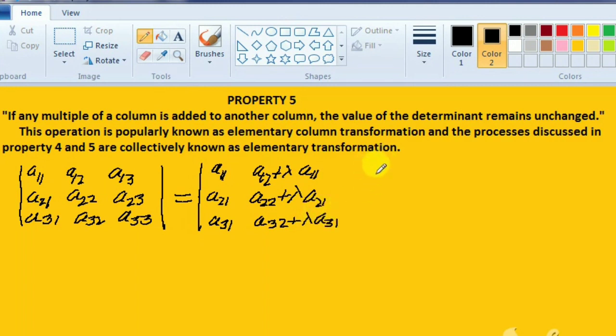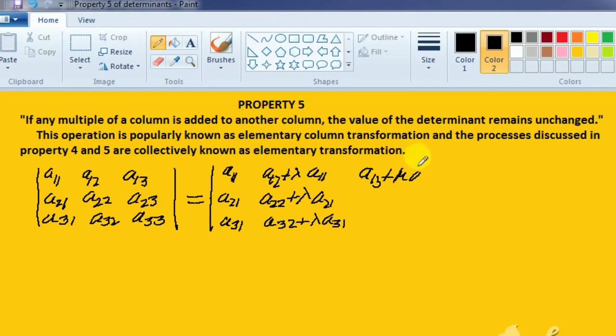And now we are going to carry out an operation with column 3 in the same step as mu times of column 1 is added to column 3. So we get A13 plus mu times A11 and A23 plus mu times A21, A33 plus mu times A31.